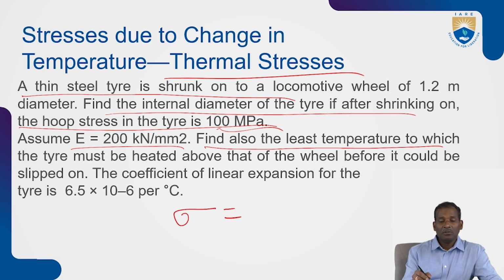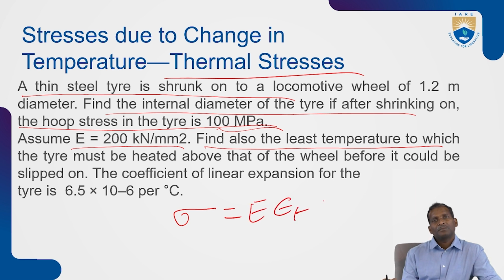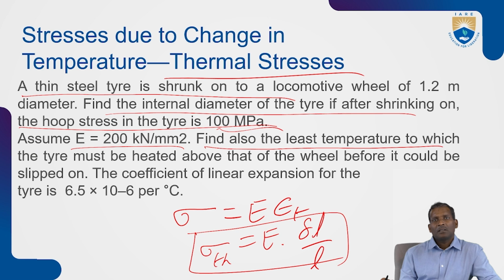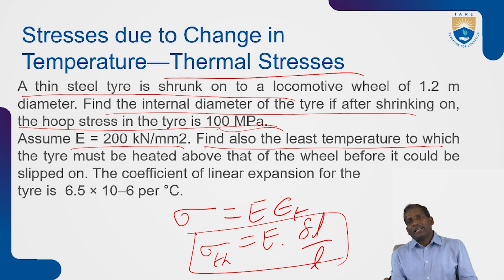Thermal stress is equal to E into thermal strain. What is this thermal strain? E multiplied with delta L by L. This is linear strain. So you can calculate thermal stress is equal to E into delta L by L.